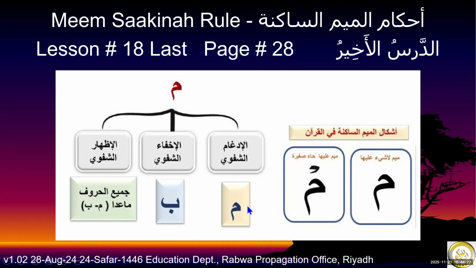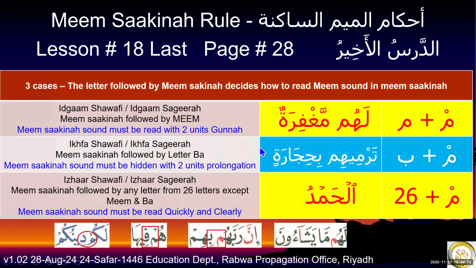Such a nice way you have to join together. This is called idgham. While doing idgham, you have to prolong 2 units. There is a good way to do this idgham, when meem sakina is followed by meem. When you are pronouncing the meem here, just keep holding the two lips together for 2 units prolongation.